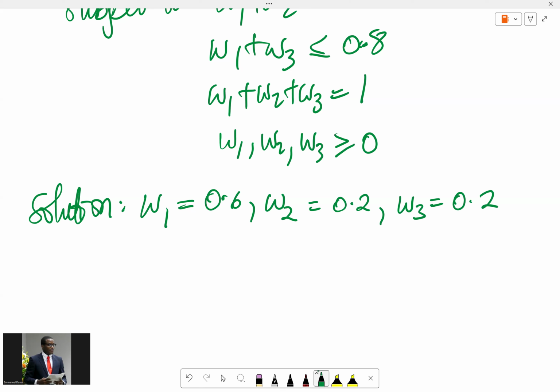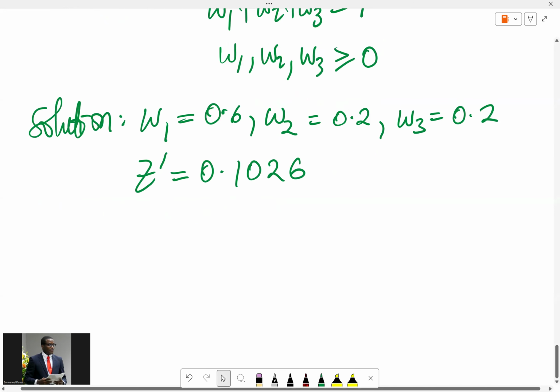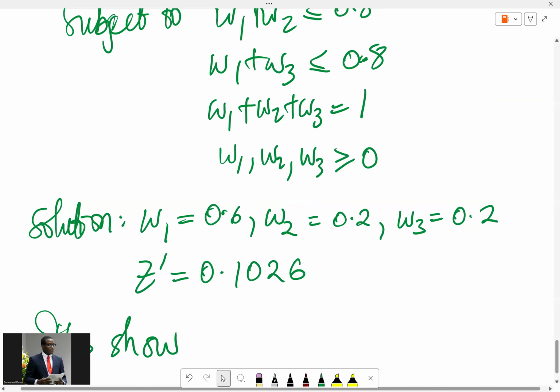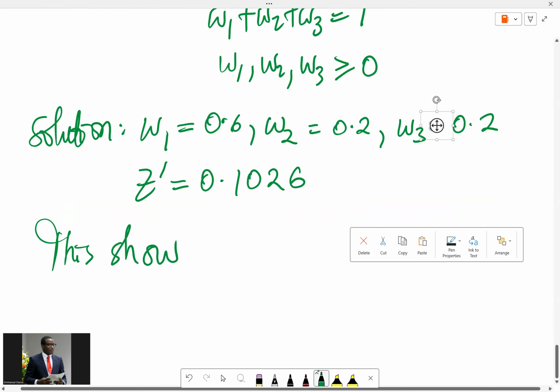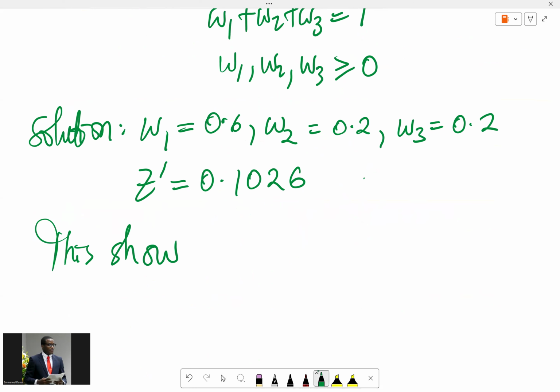But guess what? Our new objective function is now 0.1026. It was 0.108 before, but because the coefficients have been reduced by 5%, the objective function is affected automatically. You have to set this up, use the simplex method, and then you end up getting 0.1026.